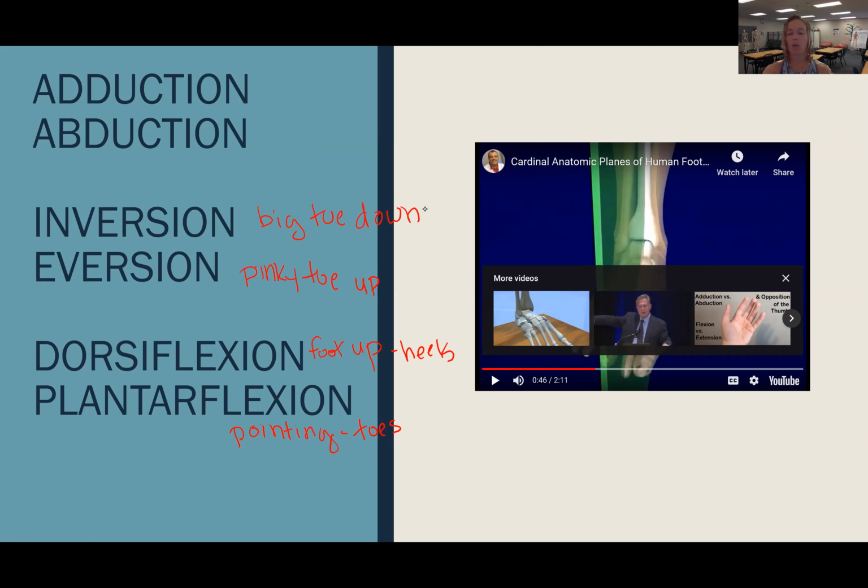So if we think about our ankles, how many of you have ever sprained your ankle? See a few hands. Which way did your ankle go when you rolled it? Do you remember? Most people sprain their ankle when it's going with big toe down or big toe up. I'm sorry, I wrote that wrong. Big toe up, big toe up.